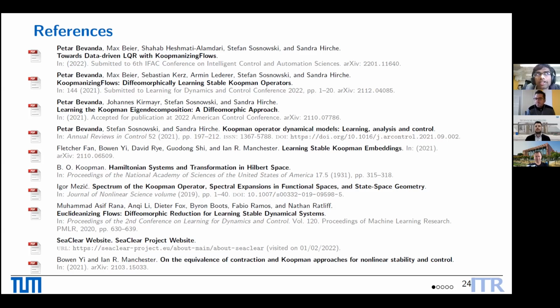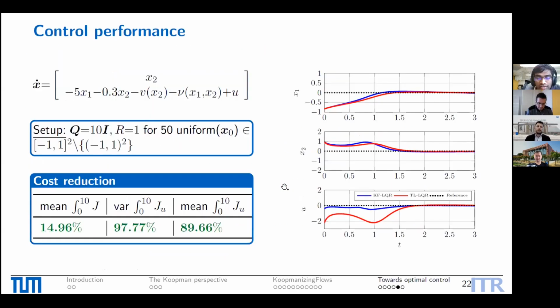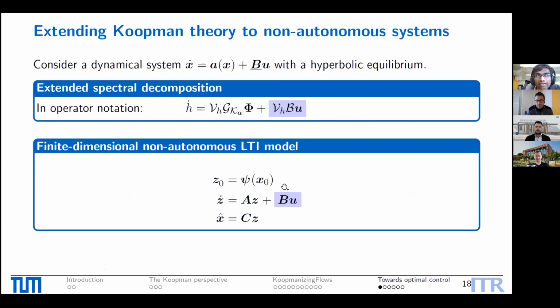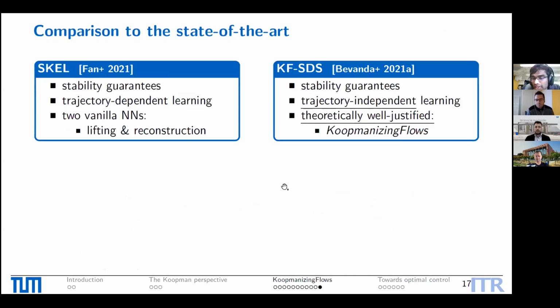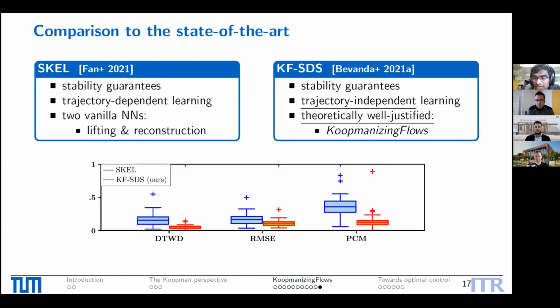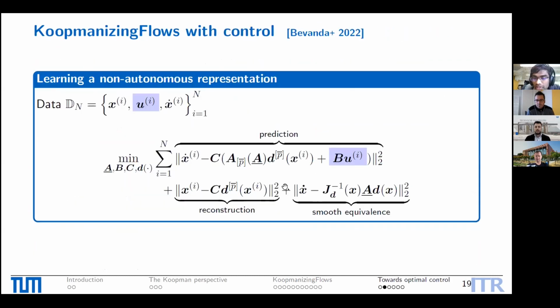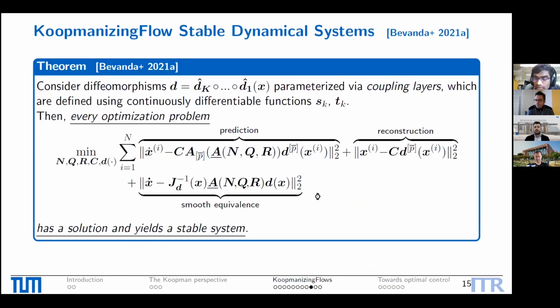Firstly, in your optimization problem for the case without control, you removed the constraint on equivalence and made it into a penalty term. Have you tried fiddling around with the magnitude of the penalty and seeing how the optimization behaves as you put larger weights on it? You mean this smooth equivalence penalty, right?